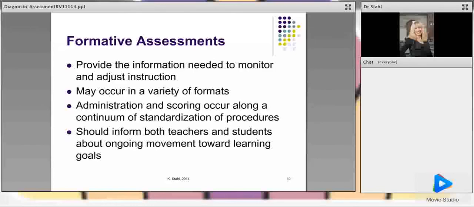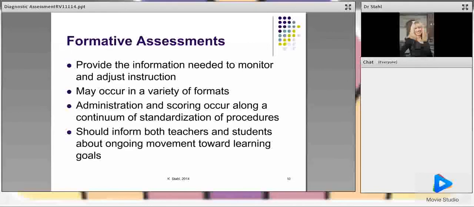Just asking children questions after you read a particular text is considered a formative assessment. And that would be considered an assessment that has practically no standardization of administration or scoring because it varies based on the text.